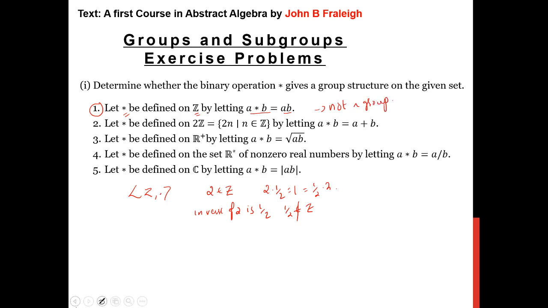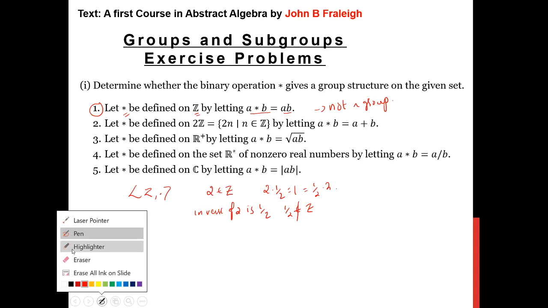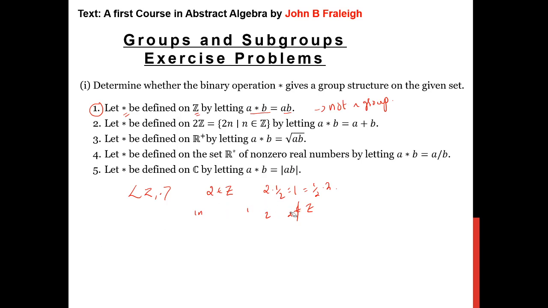Similarly, take the second one. The second question is, let star be defined on 2Z, the set of all even integers, and a star b is a plus b, addition of two integers.